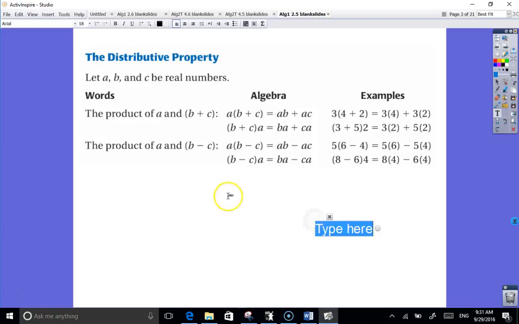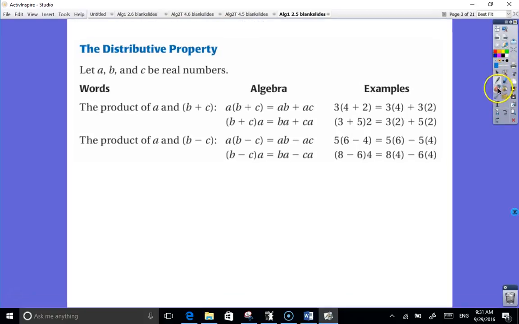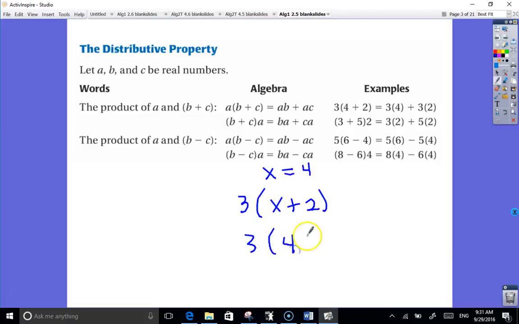Maybe it says 3 times (x plus 2) and x equals 4. Evaluate. So what do you do with the x? Yeah, you plug it in for the x, right? So at that point you've got 3 times (4 plus 2), which is what this says right there.